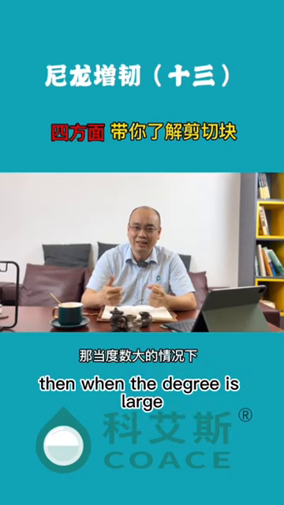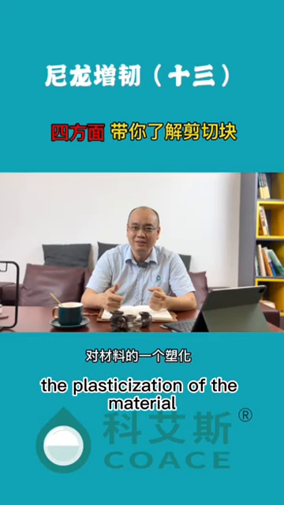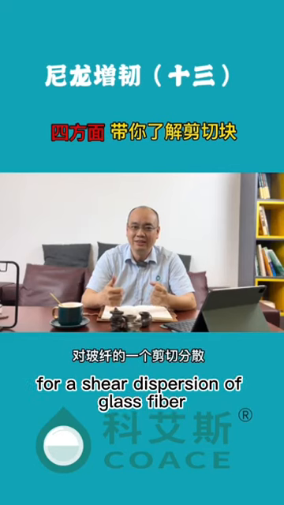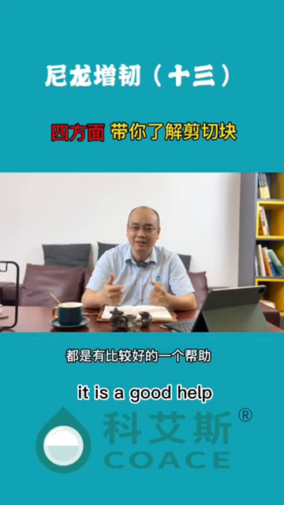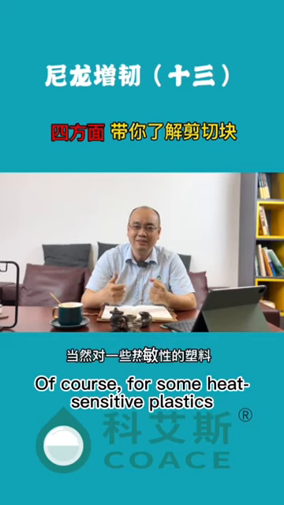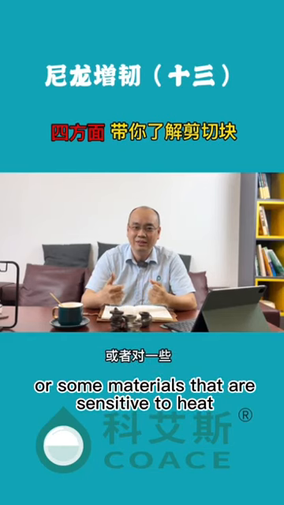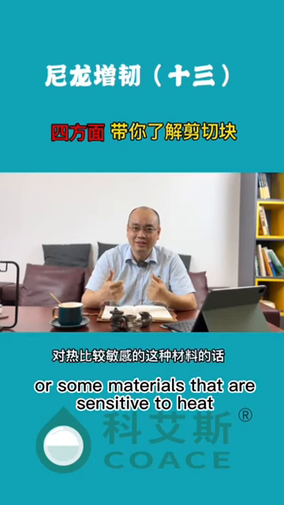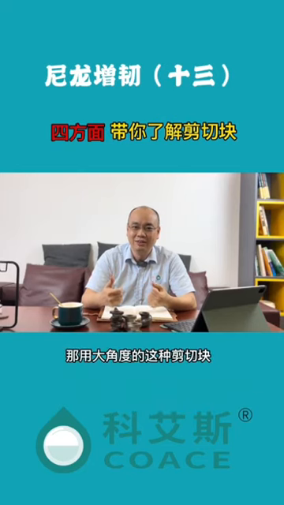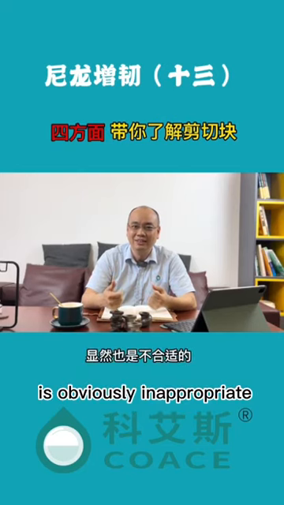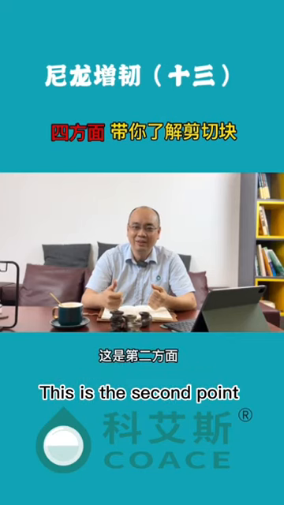When the degree is large, it is a good help for plasticization of the material, for shear dispersion of glass fiber and dispersion of inorganic fillers. Of course, for some heat-sensitive plastics or materials that are sensitive to heat, using a large angle cutting block is obviously inappropriate. This is the second point.